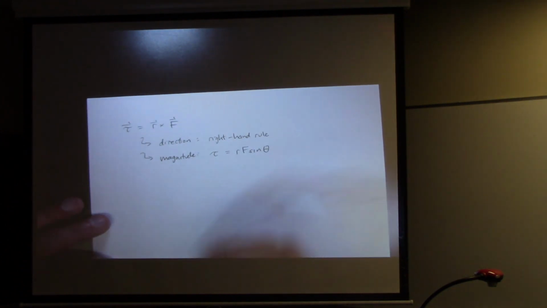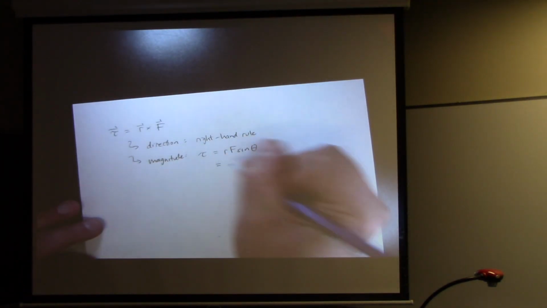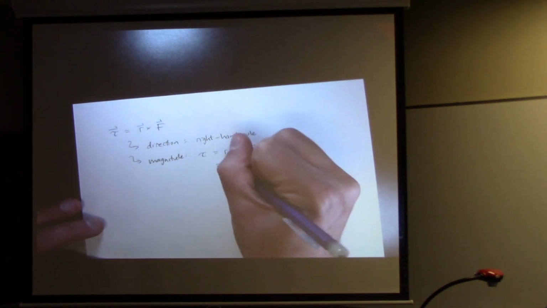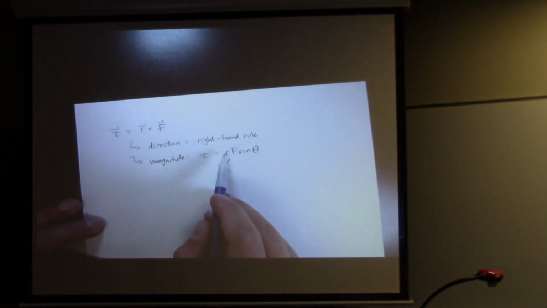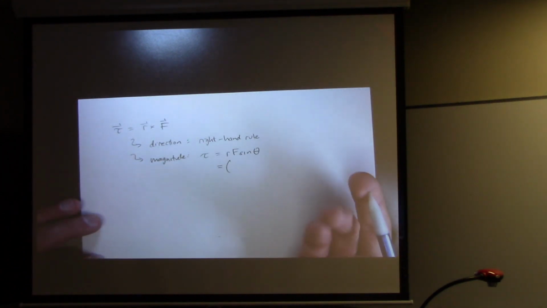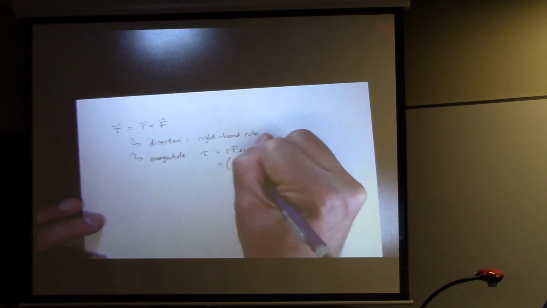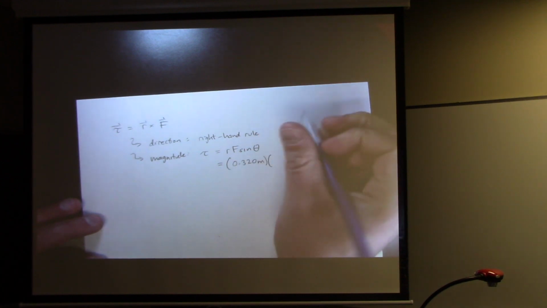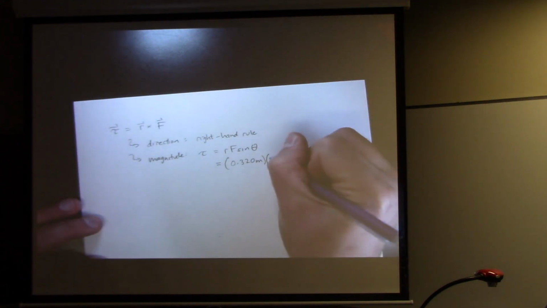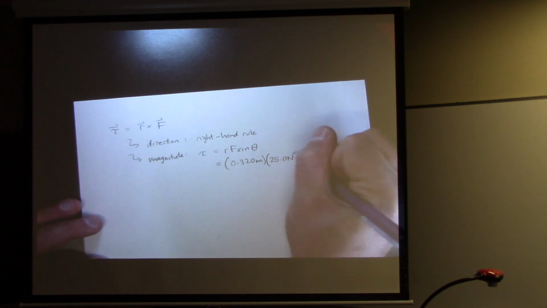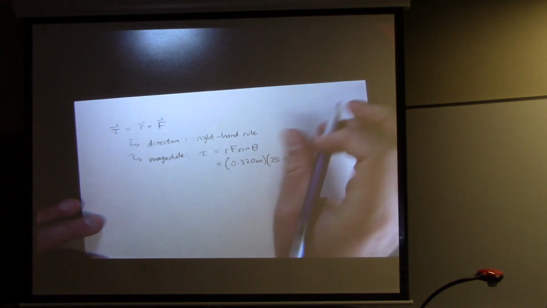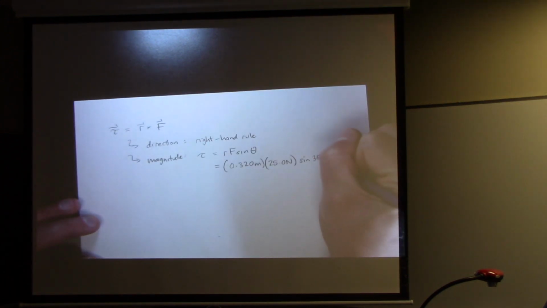So this is basically a plug and chug to get the magnitude. The distance between the axis of rotation and where the force was applied was 32 centimeters, or 0.32 meters. The amount of force we applied was 25 newtons, and the angle was 35 degrees.